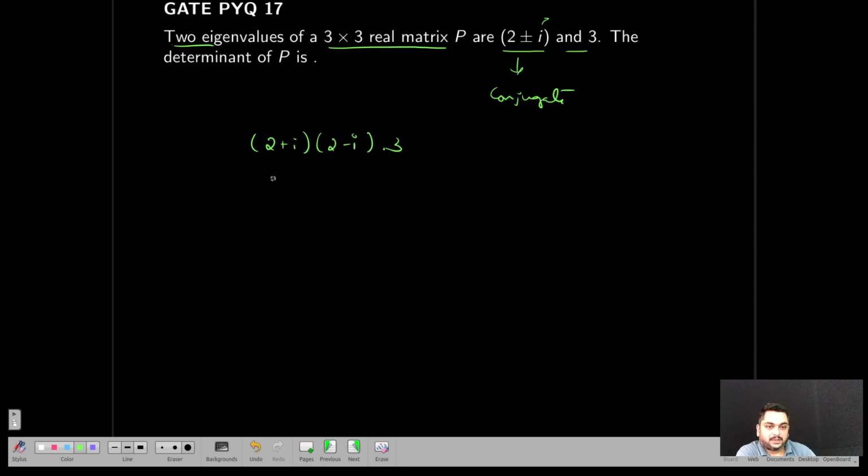So 2 plus i, 2 minus i is 2 square minus i square, into 3. 4 minus i square, where i is equal to square root of minus 1. If I square it, I'll get minus 1, so 5 into 3 is 15.